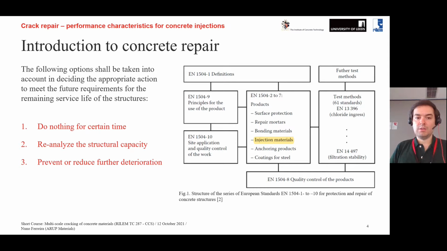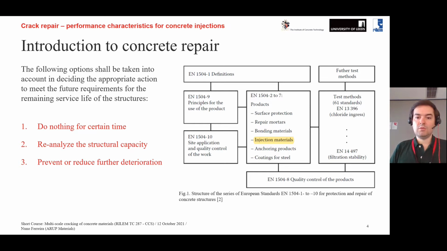The rules of application are actually described in Part 10, but the principles for the use of each product are in Part 9. Now, there are associated tests with all of these materials, but they are more focused on the production. So for manufacturing, they will have to comply with these products in order to seek certification.